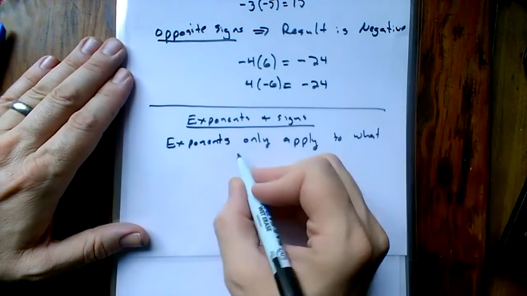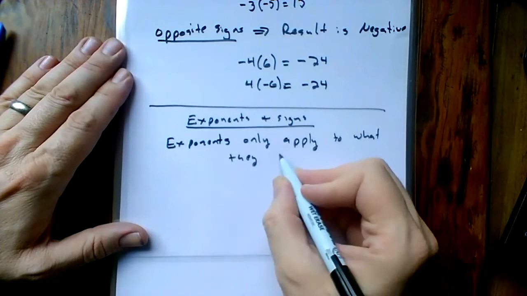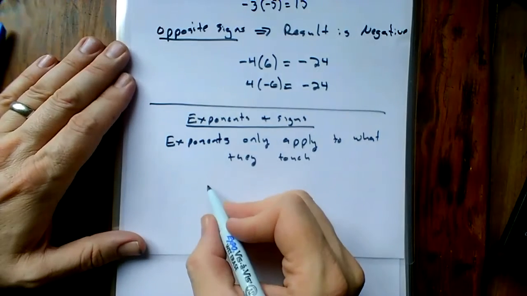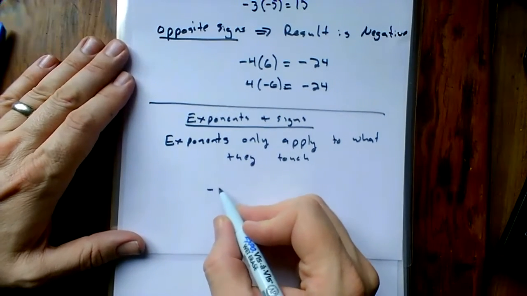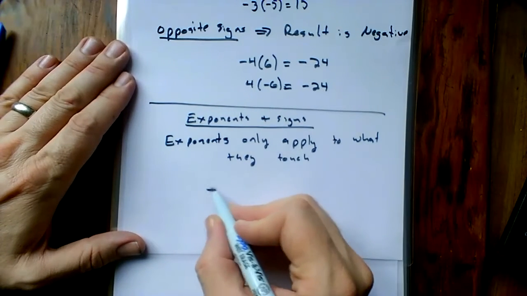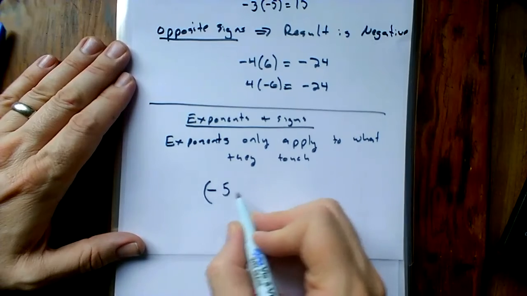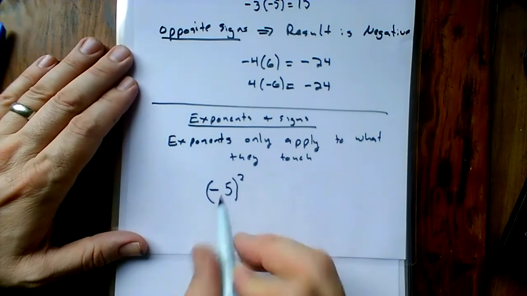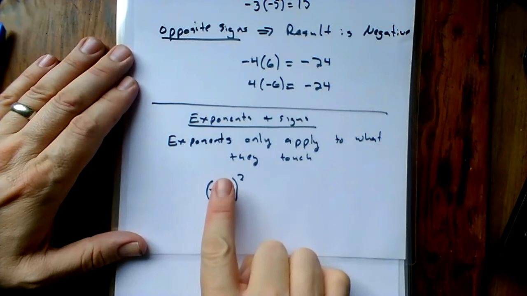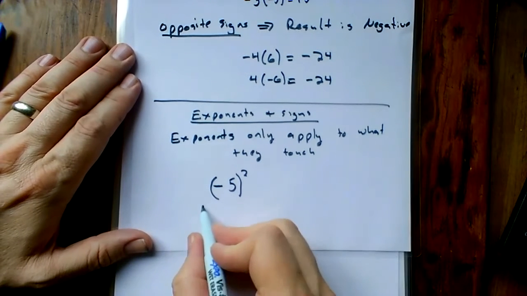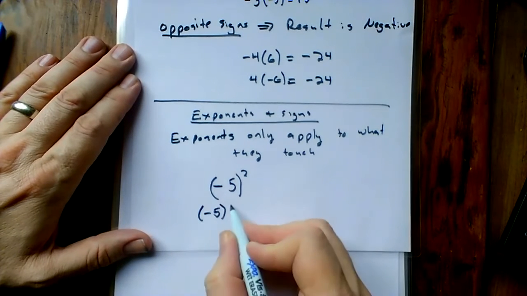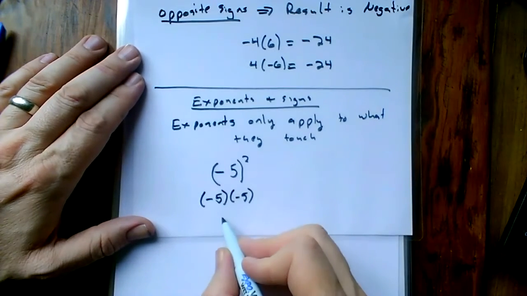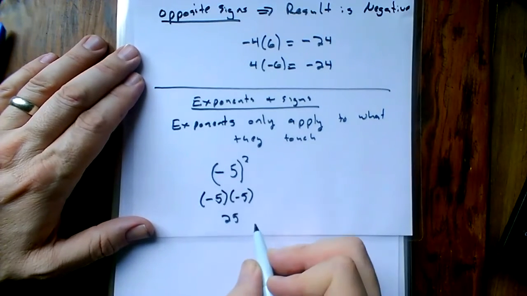What that means is that if I've got negative 5 inside a set of parentheses, my exponent is touching the parentheses, which means this would be the same thing as negative 5 times negative 5, which would be negative times negative, a positive 25.